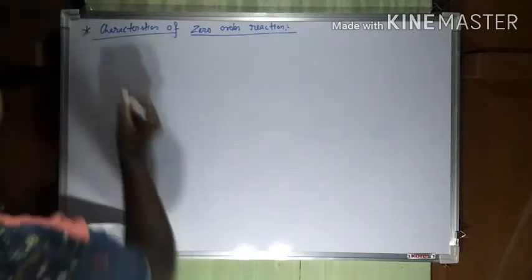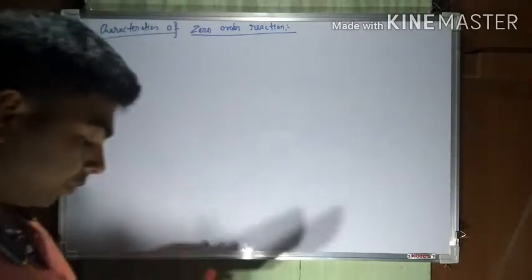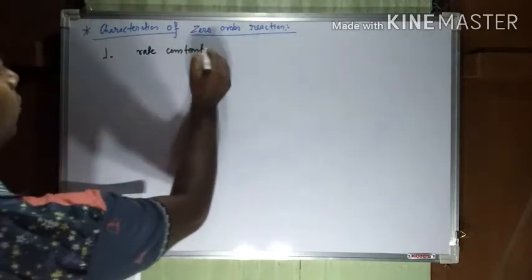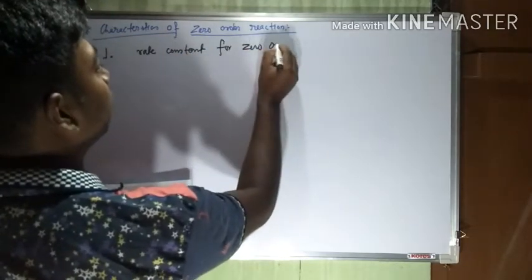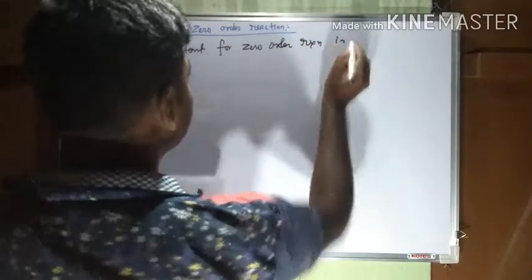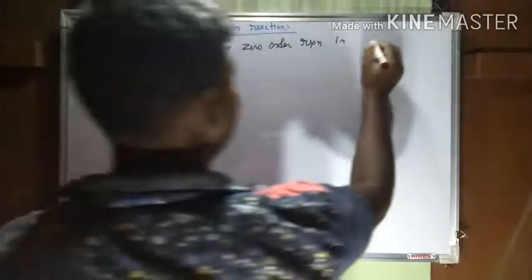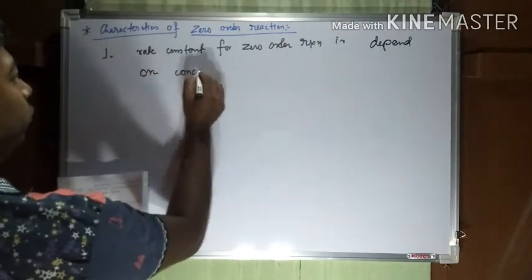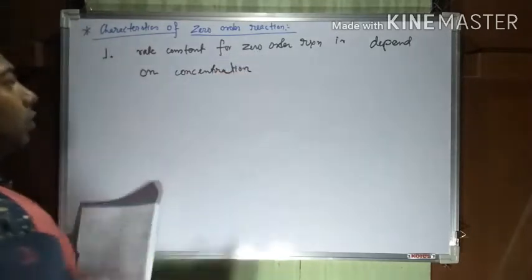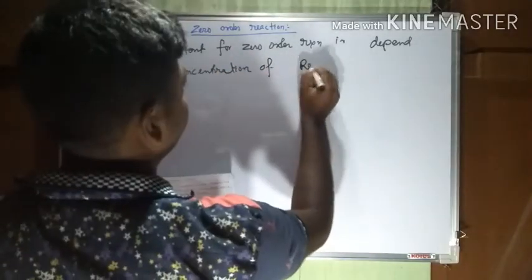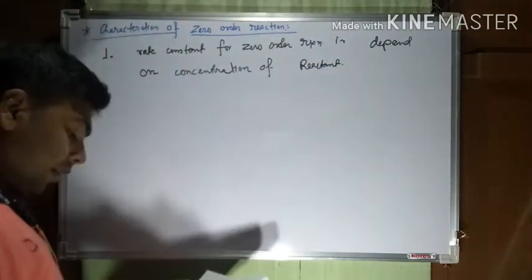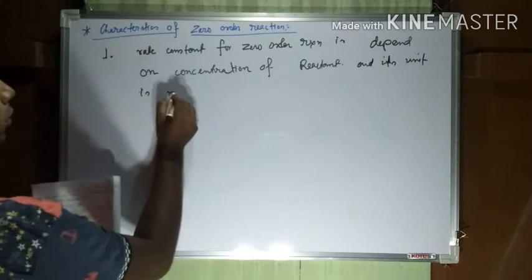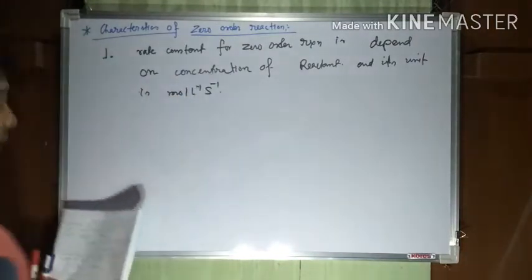First, the rate constant for zero order reaction depends on the concentration of reactant, and its unit is mole per liter per second.